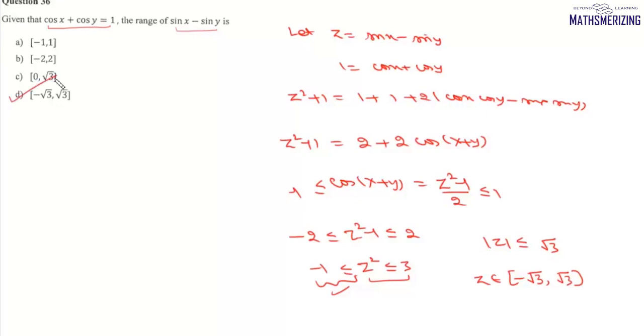Now question number 37, it says, if sin theta plus cos theta is m, then sin 6 theta plus cos 6 theta is equal to what? Now we know that we can write sin to the power 6 theta plus cos to the power 6 theta as sin square theta whole cube plus cos square theta whole cube. So a cube plus b cube is a plus b whole cube minus 3ab times a plus b.